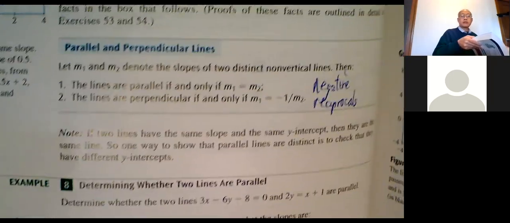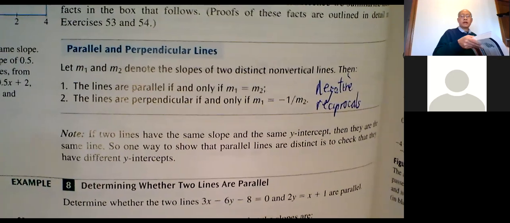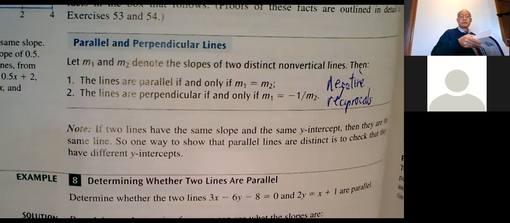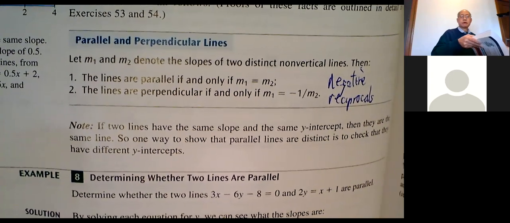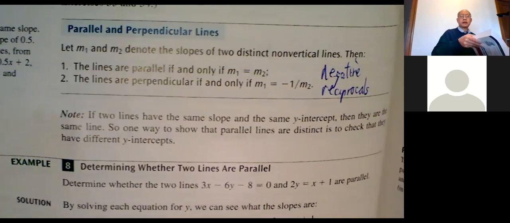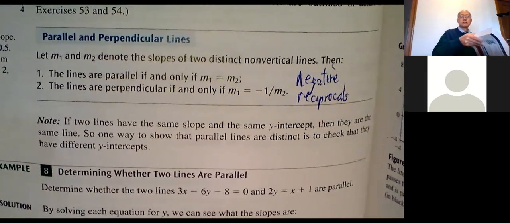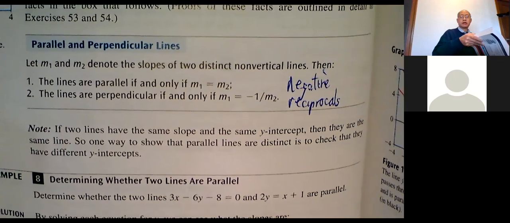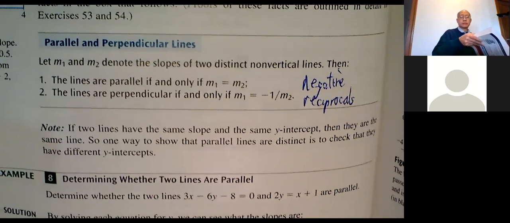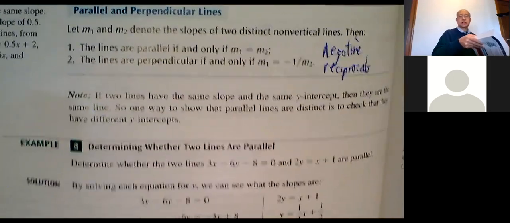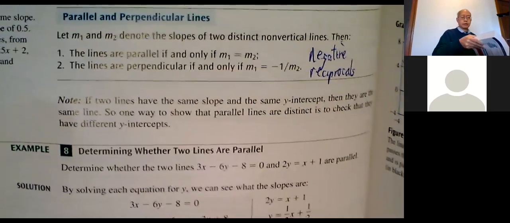Number 1, lines are parallel if and only if m1 equals m2. So if you find they have the same slope, the lines are parallel. 2, the lines are perpendicular if and only if m1 equals -1 divided by m2. They are negative reciprocals of each other. And I'll show you some examples of that. In any other case, the answer is neither parallel nor perpendicular.